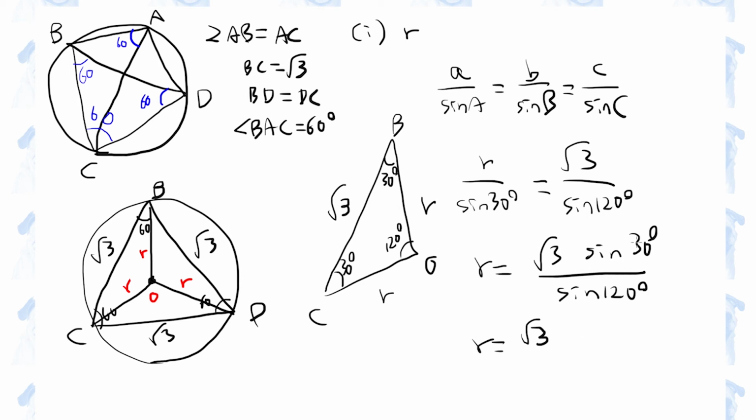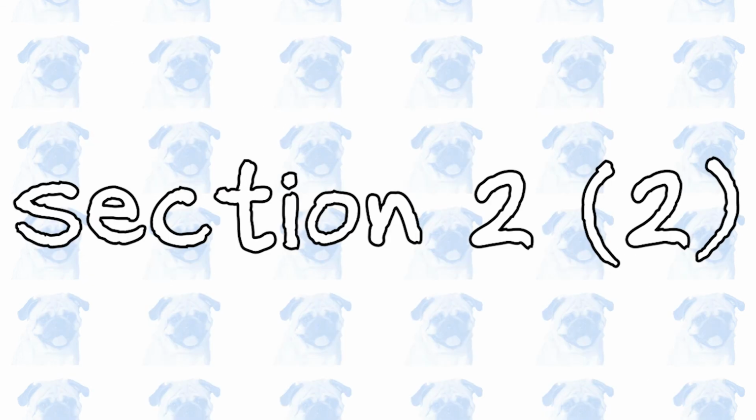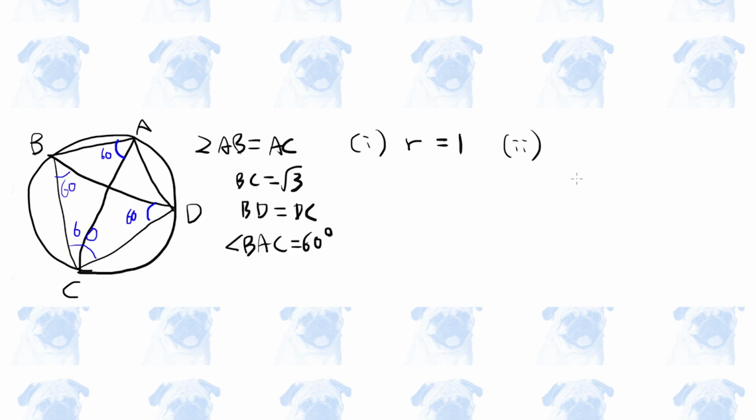Now, sin 30 degrees is of course 1/2. Sin 120 degrees is √3 over 2. So the radius r is 1. In part 2, we need to find the length of AC. From the fact that CBD is 60 degrees, we can deduce that CAD is also 60 degrees.